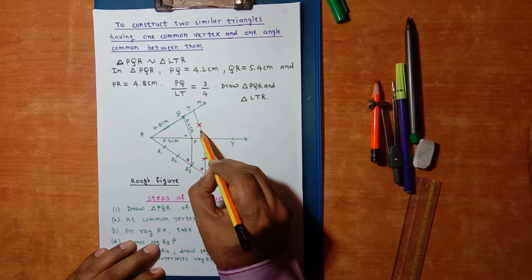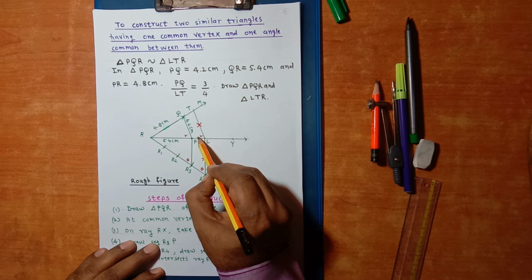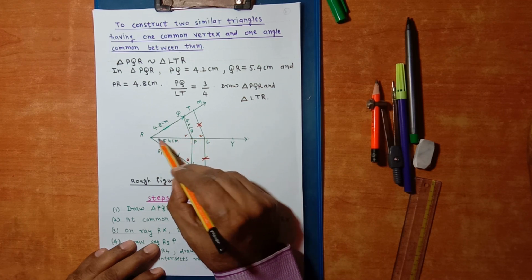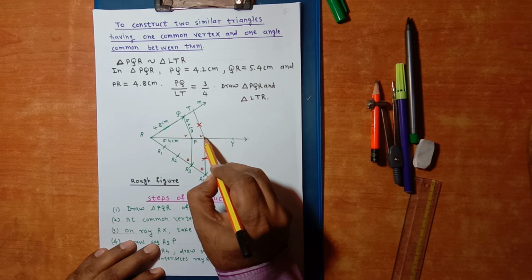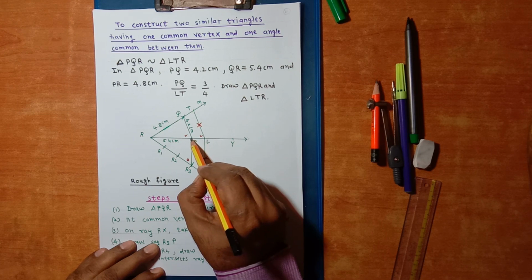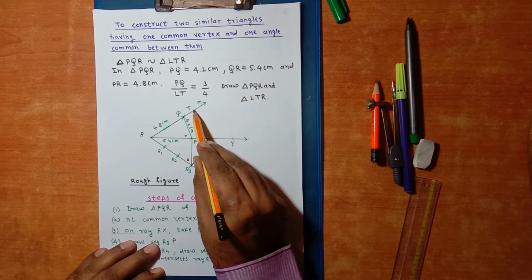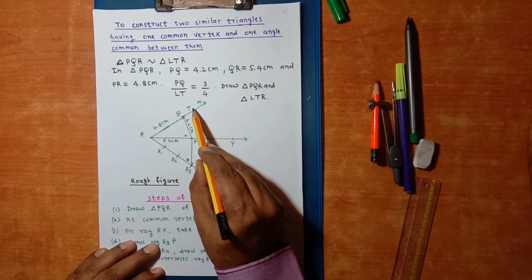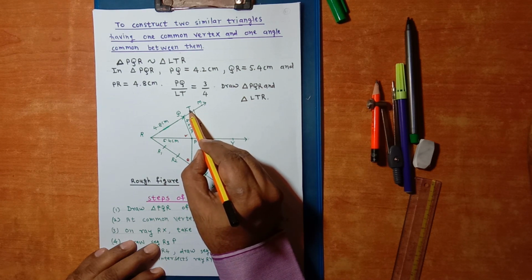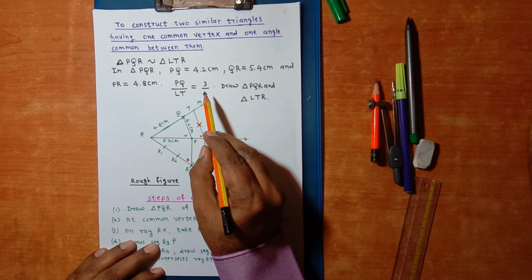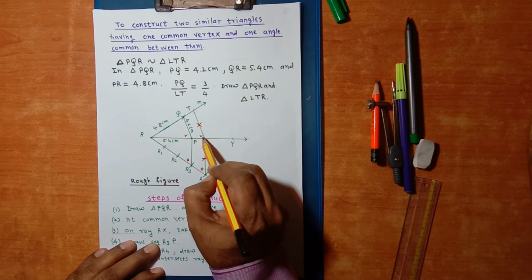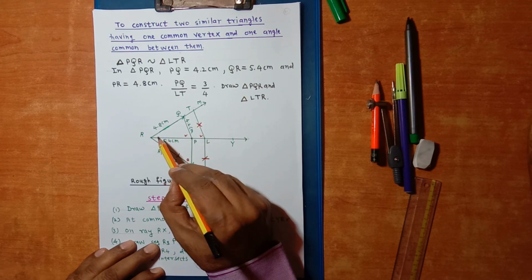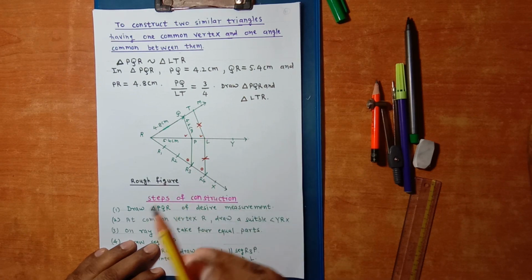So here I will draw an angle such that this angle will be congruent with angle QPR, this angle. So when these two angles are congruent, this segment LT will be parallel to segment PQ, and this segment intersects ray RM in point T. Thus I have fixed the position of point T. So in this way we have drawn triangle PQR and triangle LTR, which are similar to each other.